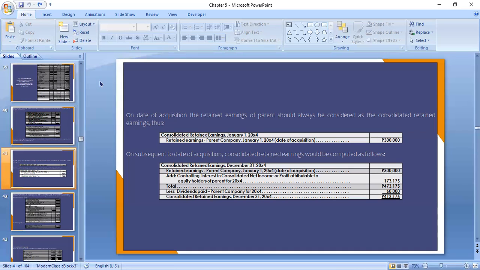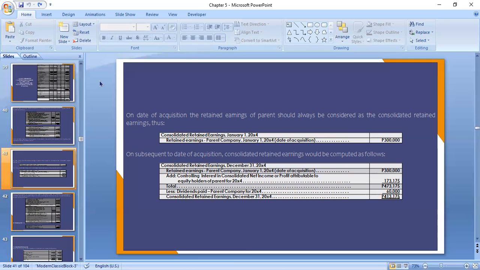We have the consolidated retained earnings on December 31, 20x4: retained earnings of parent. We add the controlling interest in consolidated net income. From the total, we deduct dividends paid, parent company's.